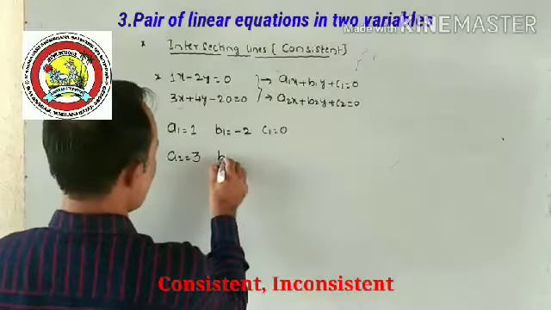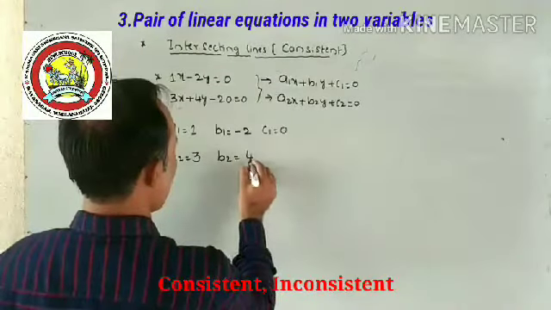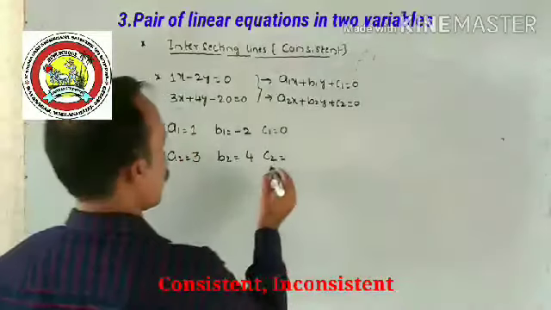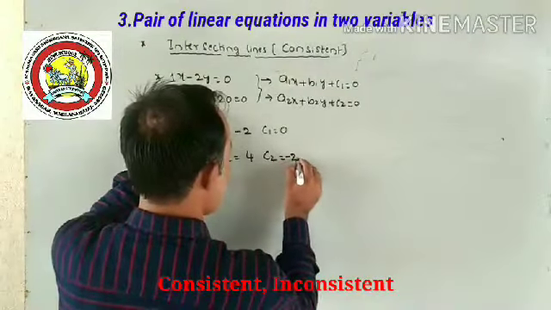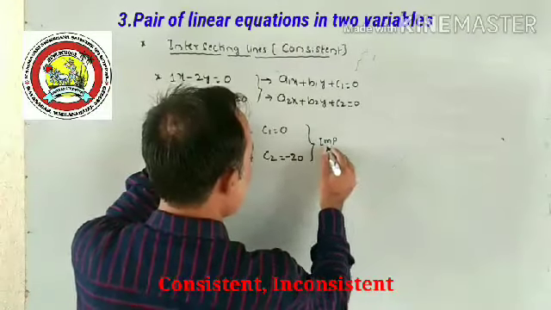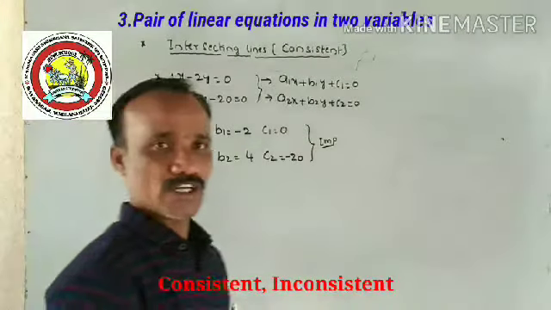What is the value of b2? Coefficient of y in the second equation, that's plus 4. What is the value of c2? That is the constant value, so minus 20. Writing these values is very important. Today's class is a very important point for your examination.